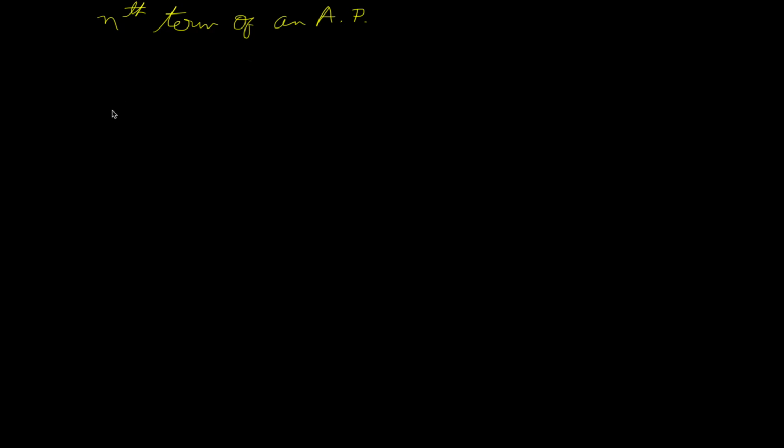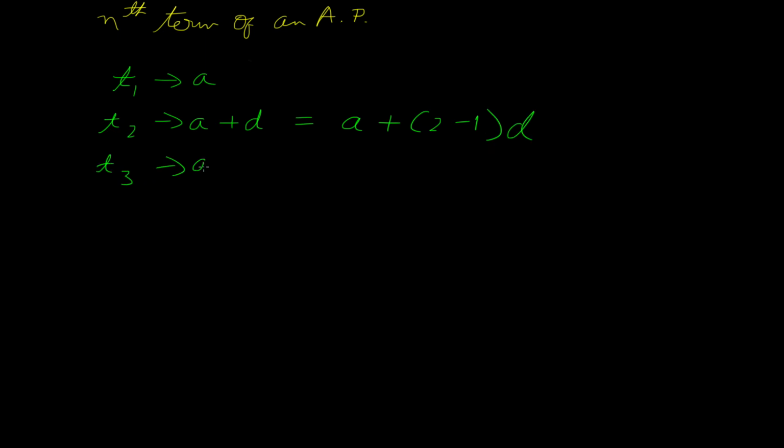So by now, you would have got a feel for how we write the nth term for an AP. Let us go ahead and do it. So we have the first term as a, the second term as a plus d, which is equal to a plus (2 minus 1) times d. The third term is a plus 2d, which is equal to a plus (3 minus 1) d.